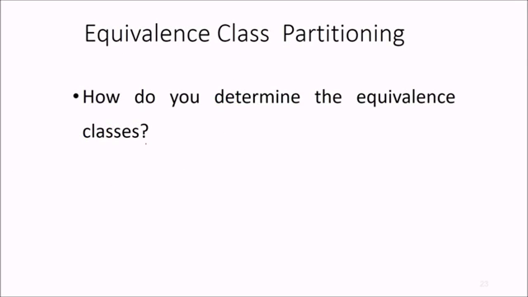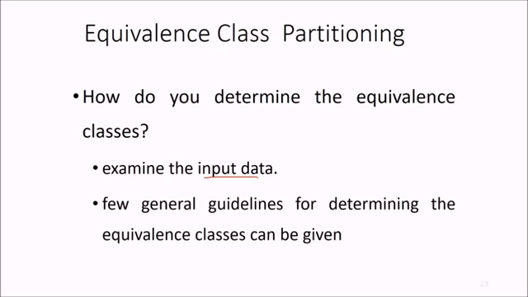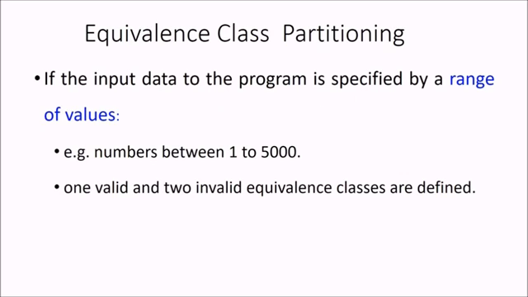So how do you determine the equivalence classes? You examine the input data, and there are general guidelines for determining them, which relate to the reflexive, symmetric and transitive criteria that the partition follows.